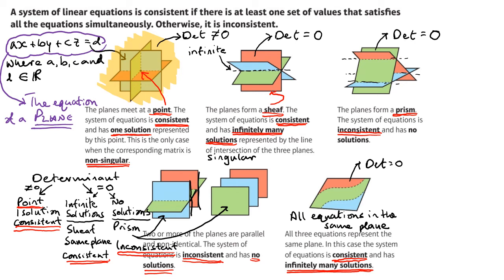If there are infinite solutions, it will be a sheaf. If there are no solutions to all three, but to pairs, then it will be a prism. And we need to describe what type of solution we get, and also the shapes that the planes will make, either a point, a sheaf, or a prism.